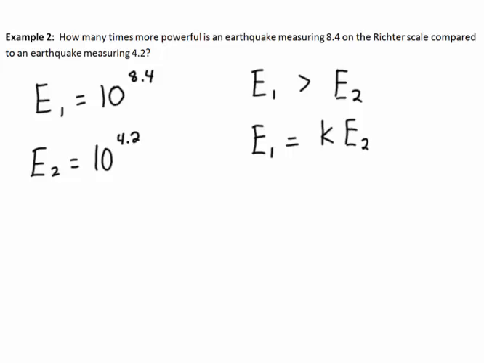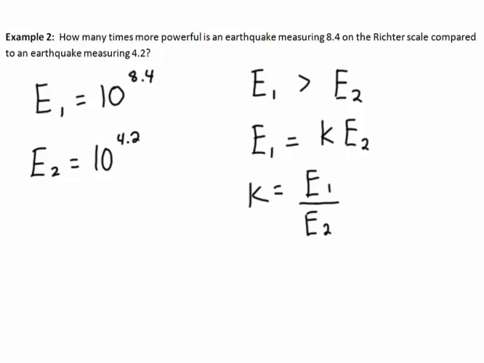So it might be 1.5 times, or 2 times, or 3 times. What we really want to find is the value of K. How big is that K value? And all we do is take our 2 earthquake measures and divide their intensities.